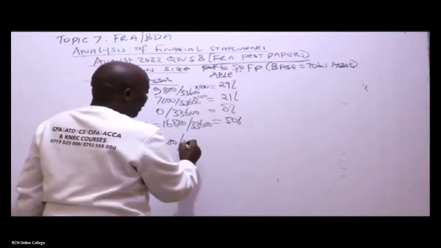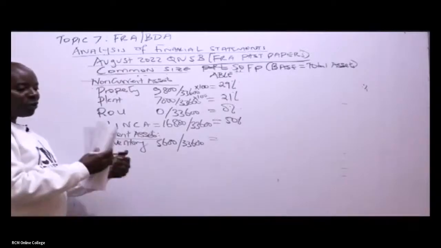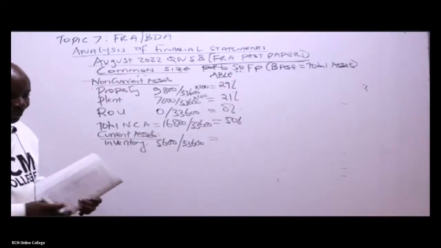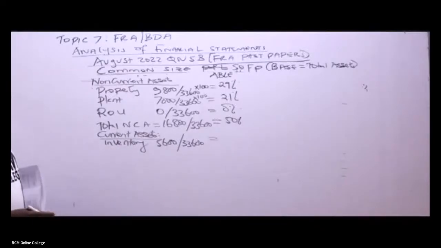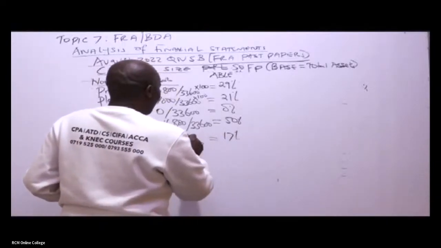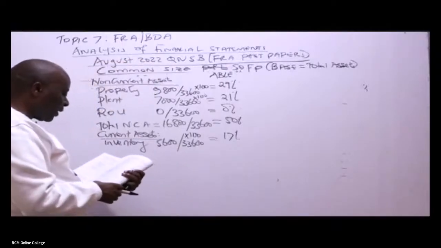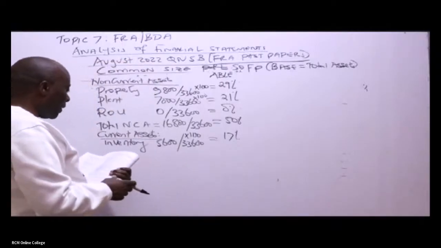Our base is total assets at 33,600. Give me an answer, times 100, of course. 17%. From there, ladies and gentlemen, I will be able to pretty fast pick the next one, which is receivables.